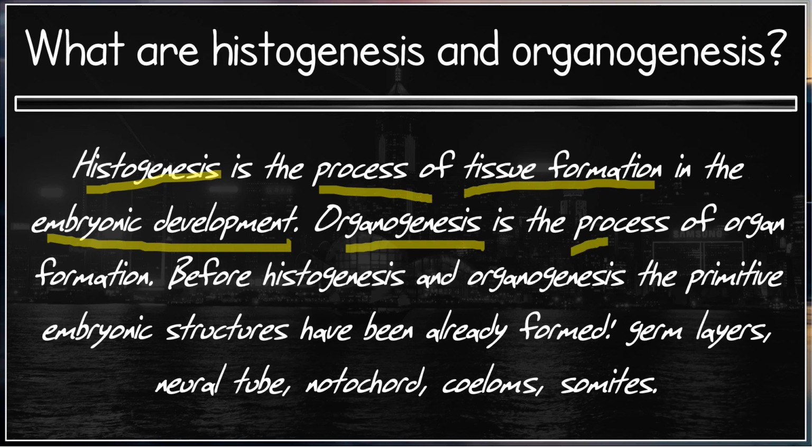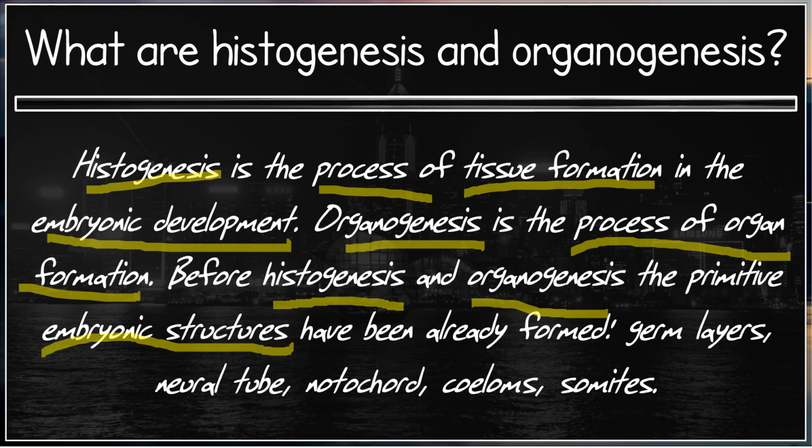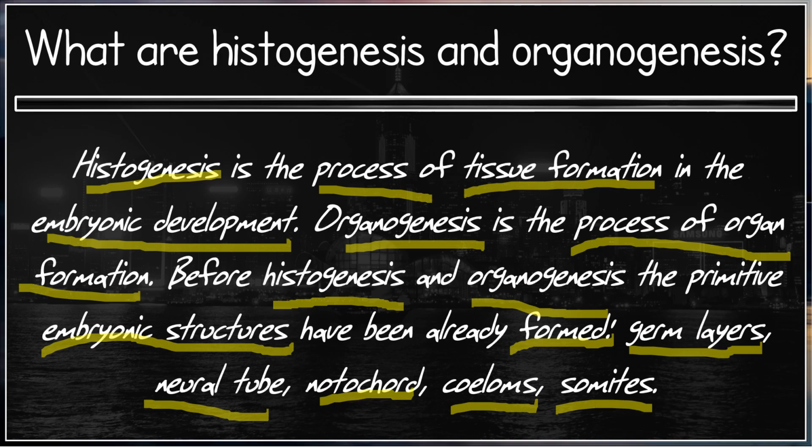Organogenesis is the process of organ formation. Before histogenesis and organogenesis, the primitive embryonic structures have already been formed: germ layers, neurotube, notochord, coelom, somites.